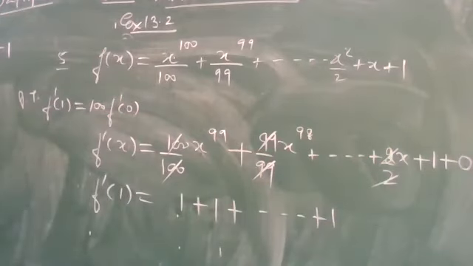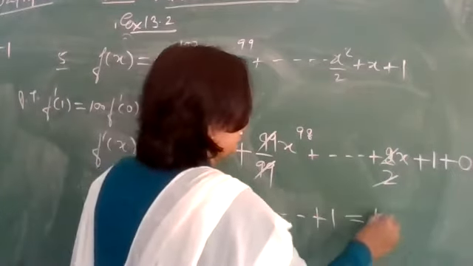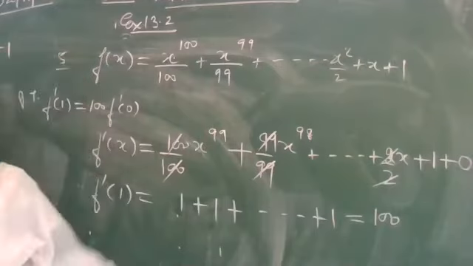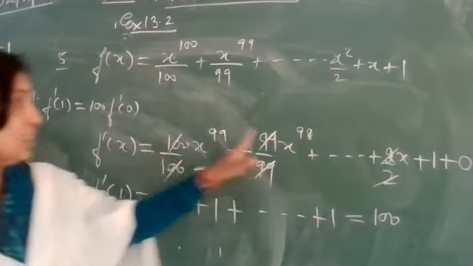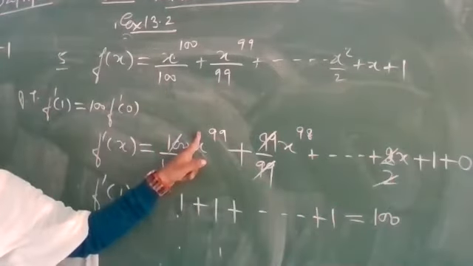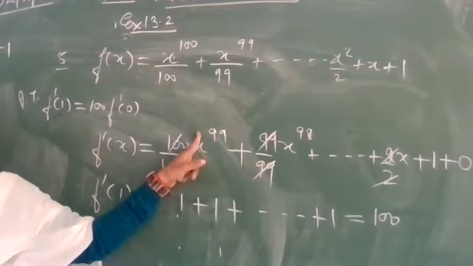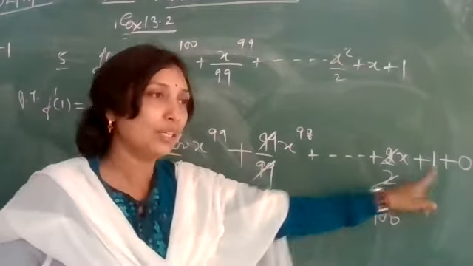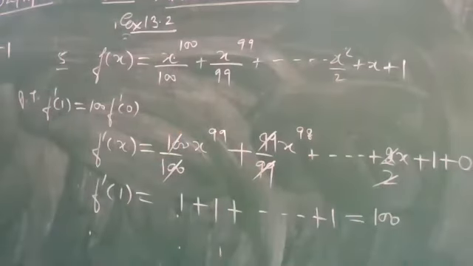Just tell me. 1 is added up how many times? 100 times. How, Gagan? 99. Yes. Because from x raised by 1 to x raised by 99, 1 से लेकर 99 तक 99 terms and plus 1. So it is 100. Okay?